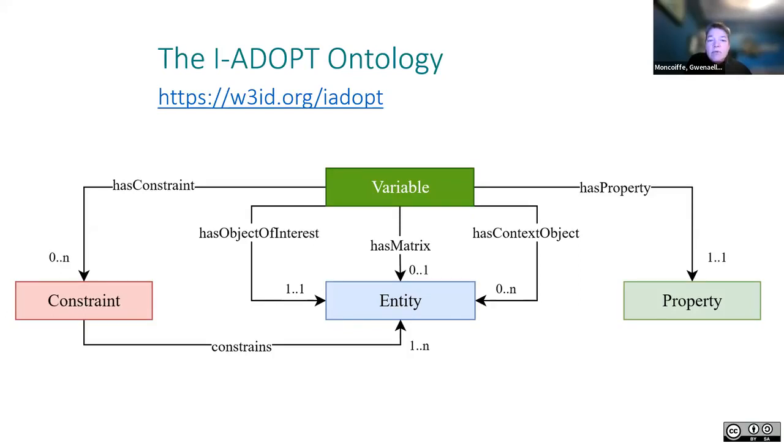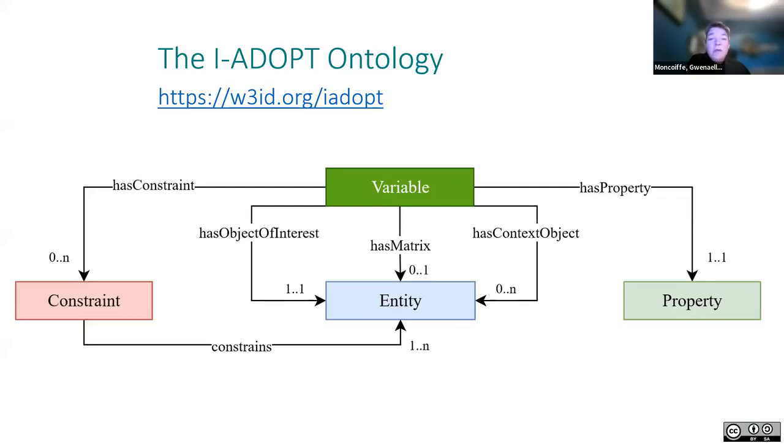And it is also associated with entities, but the relationship that variable has with entities will depend on what that entity is with regards to that variable. It's a bit circular, but basically an entity can have the role of object of interest, it can be a matrix, it can be a context object, and you have, at the minimum, a variable made of a property and an object of interest.